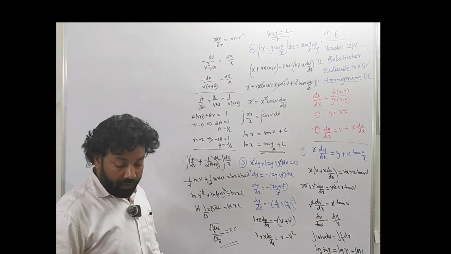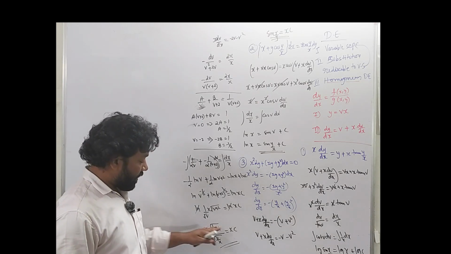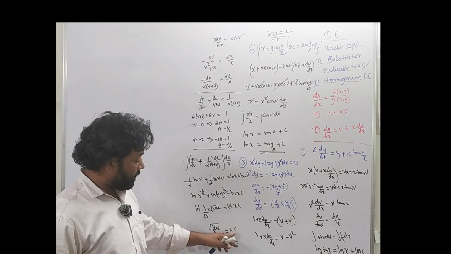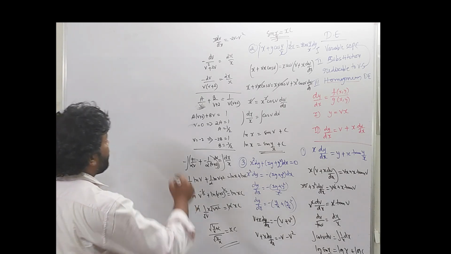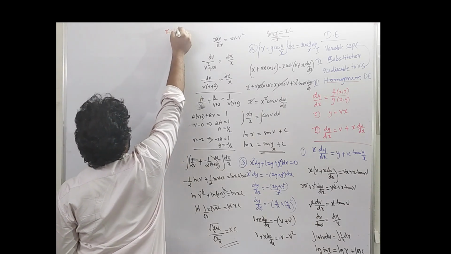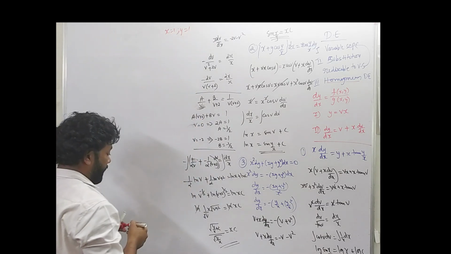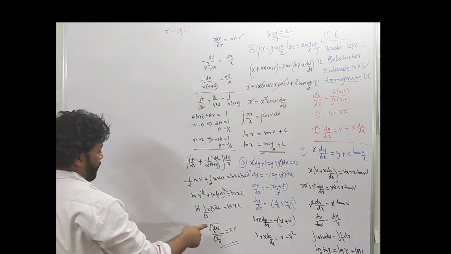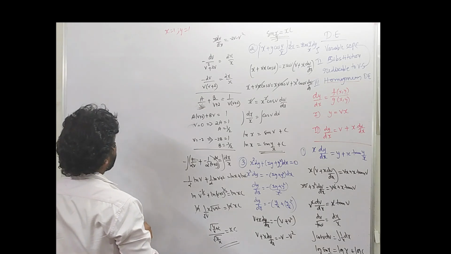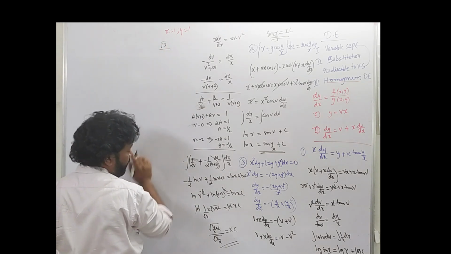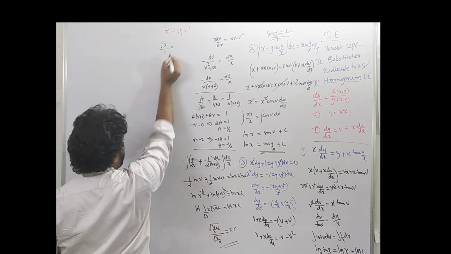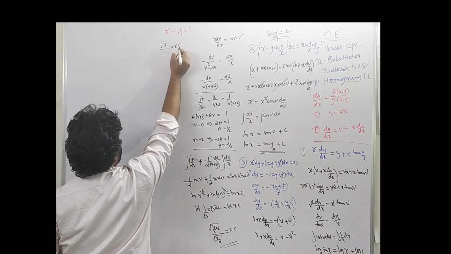Further values are given in this question, so that we can make sure that our equation is correct. We'll try to find out the value of c, and the values are given as x equal to 1, y equal to 1. So substituting these things, 1 plus 2 becomes 3. So square root of 3 upon square root of 1, that is 1, is equal to xc.